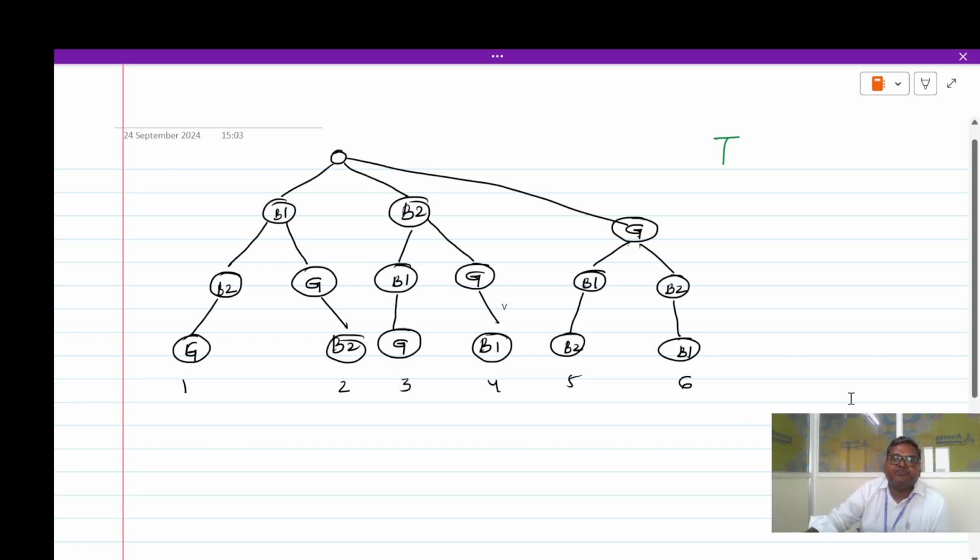So this is not a valid path. So I should not go further here. I have to kill this node, and I cannot go further. So this is killed. So path 2 is not valid.